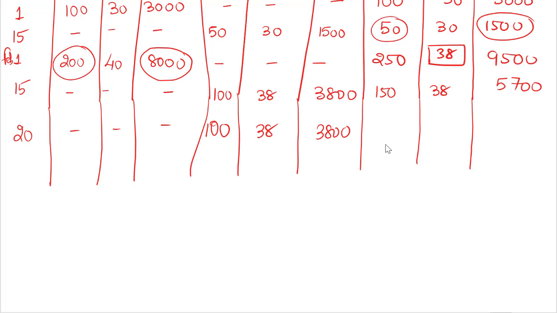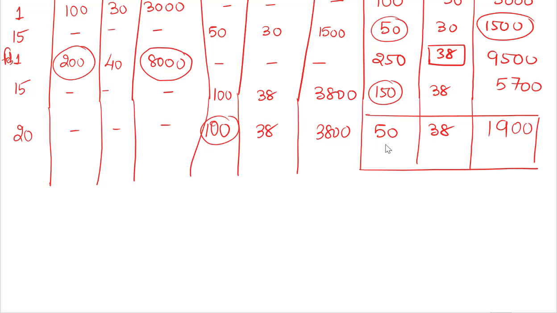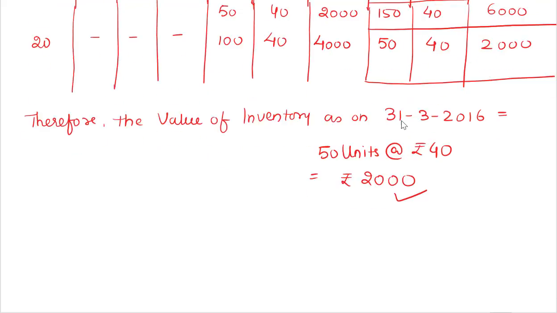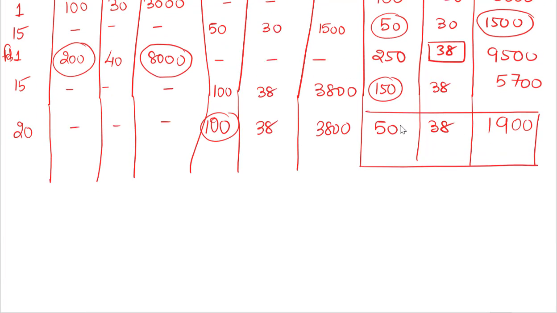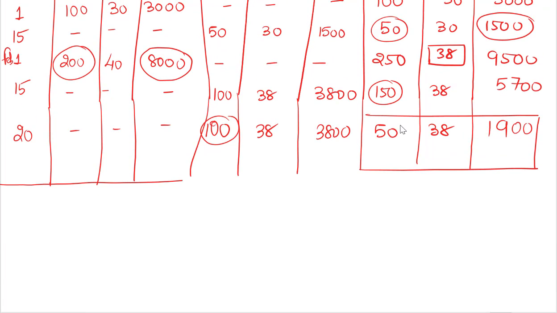The balance is 150 minus 100, so 50 at 38. 50 multiplied by 38 is 1,900. So this would be the value, 1,900 as per weighted average, and as per FIFO we got the value as 2,000 in illustration 10. Right now we are doing illustration 11, and the final value we received is 1900.